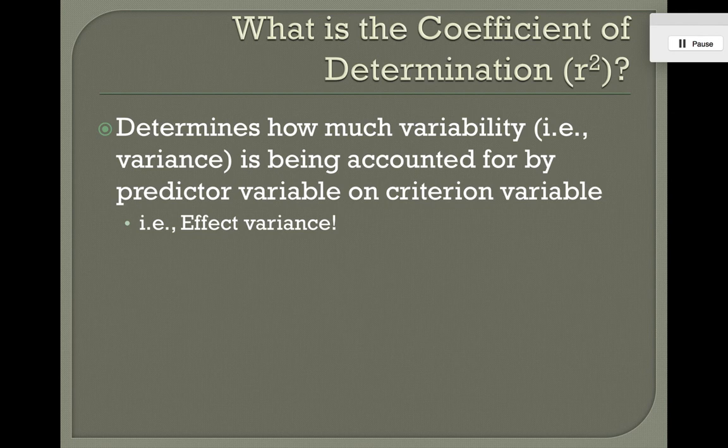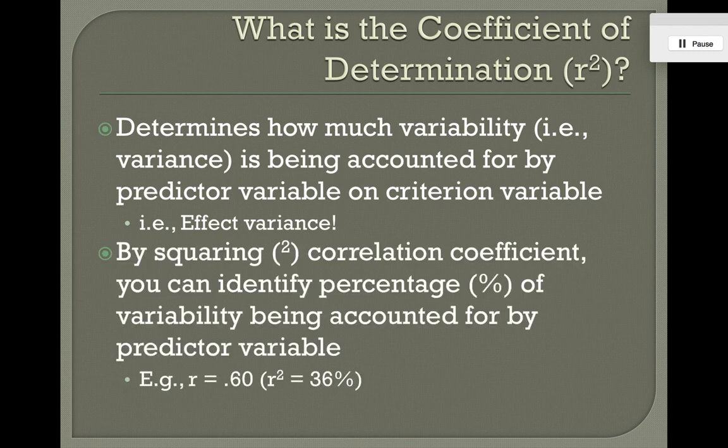That's what the coefficient of determination means. How do we calculate it? Very, very easily. It can be identified as a percentage or even as a decimal, and you just square your correlation coefficient.